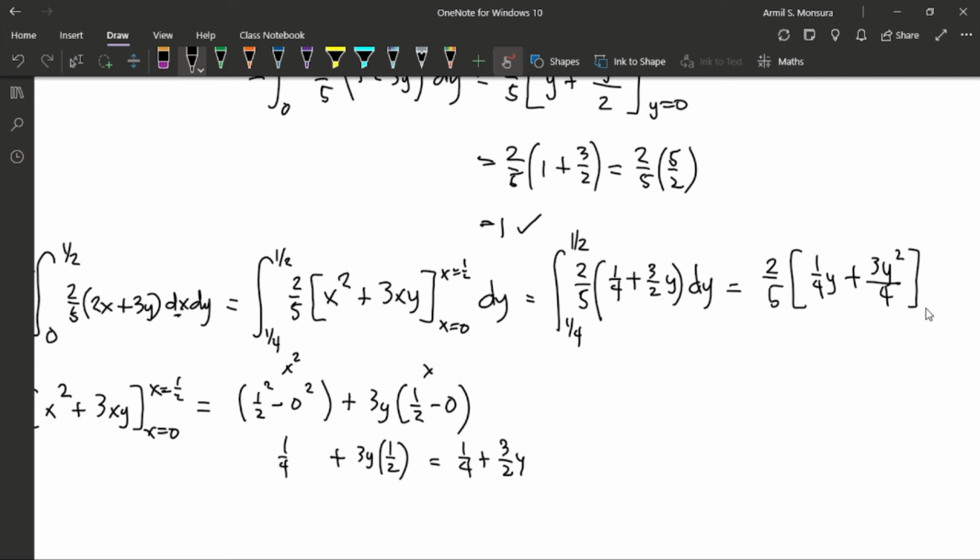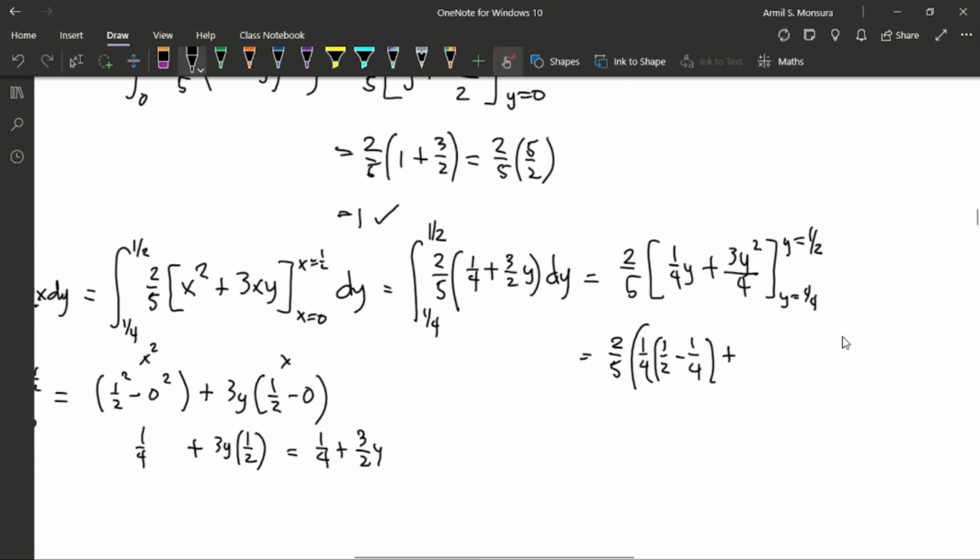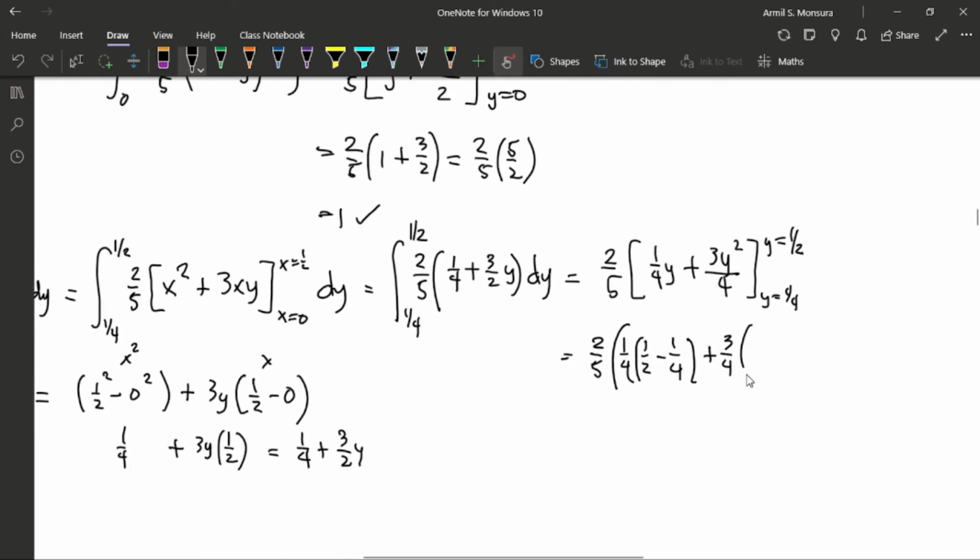So now, we will have to evaluate this for y equals 1/4 and y equals 1/2. Okay? So, evaluating now that part. So, 2/5 multiplied to 1/4. So, yung y natin is 1/2 minus 1/4. Okay? Plus, this one, 3/4, no? Multiplied to 1/2 squared minus 1/4 squared.